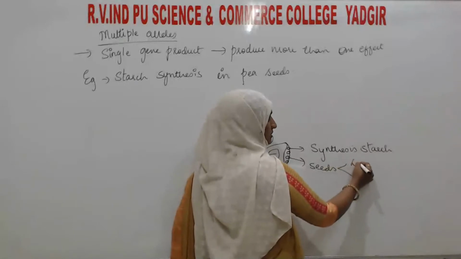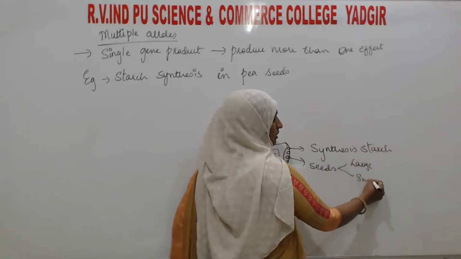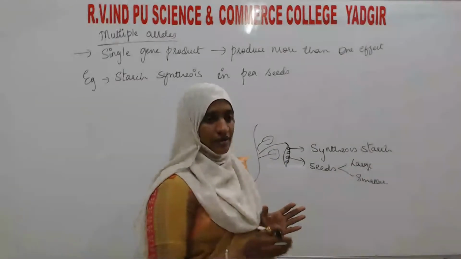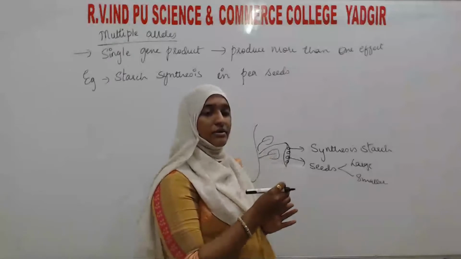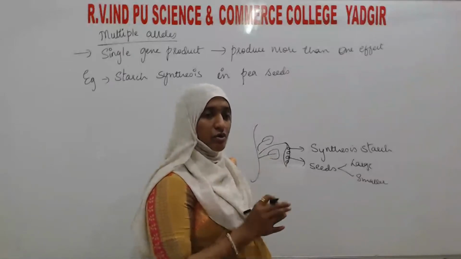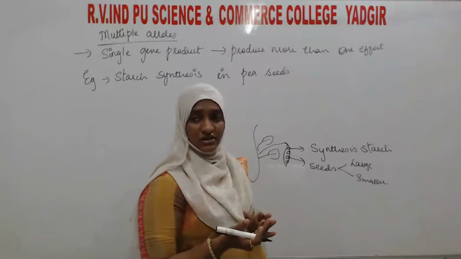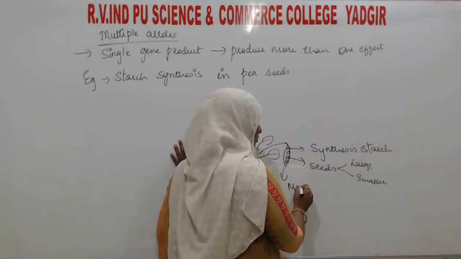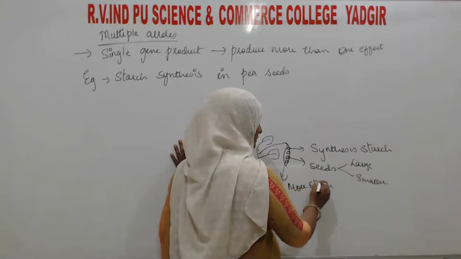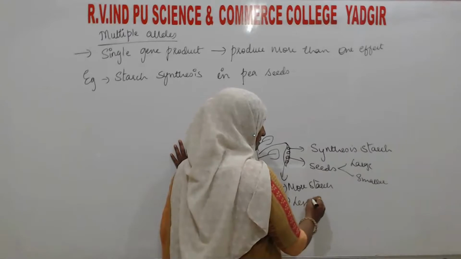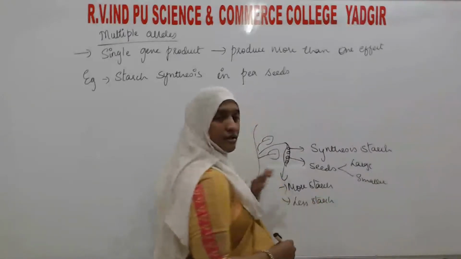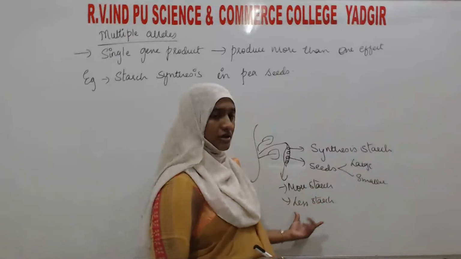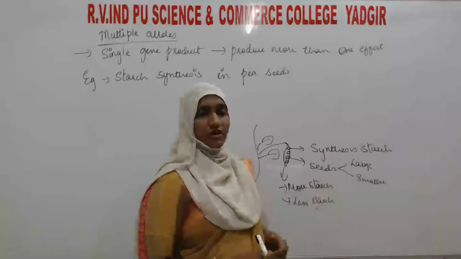Some seeds will be larger and some smaller. All seeds are not the same; some are smaller, some larger, some medium size. Some seeds will produce more starch, some will produce less starch.